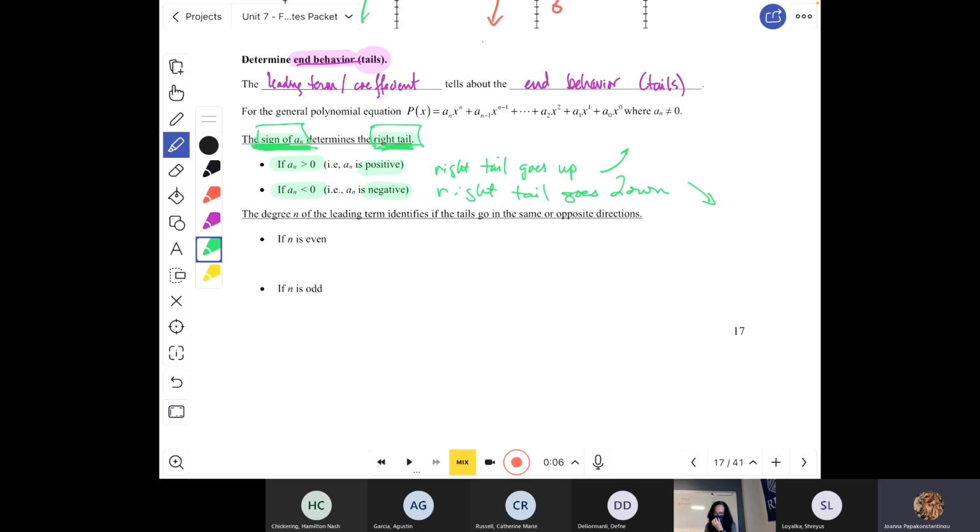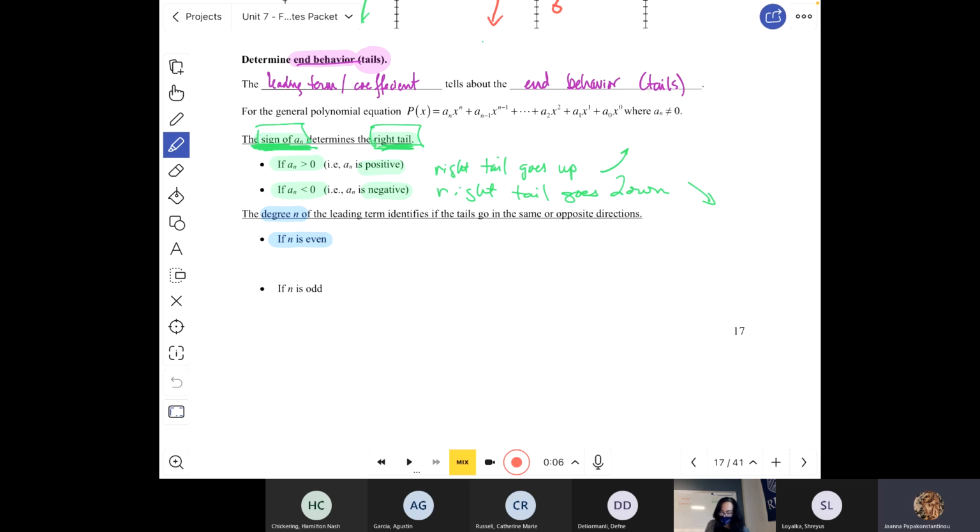Now, going back to that leading term, if the degree n of the leading term is even, that is going to tell us what the left tail does.